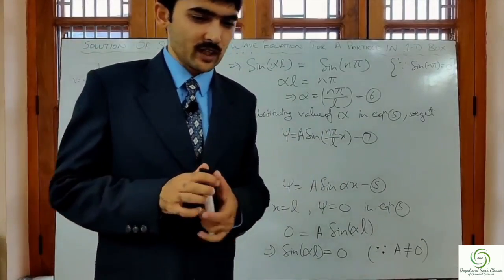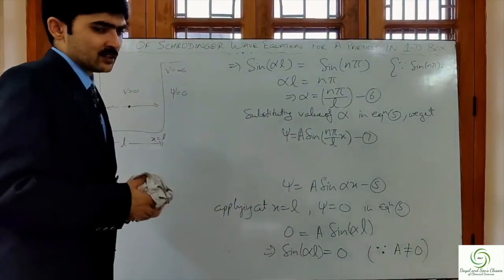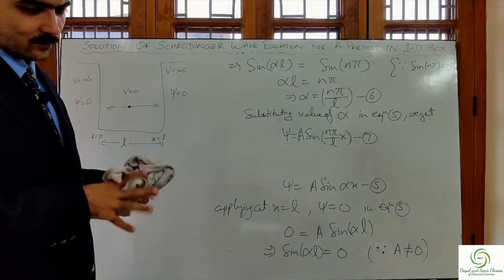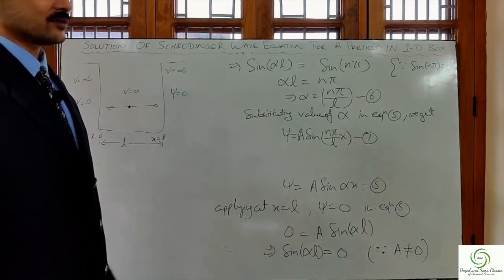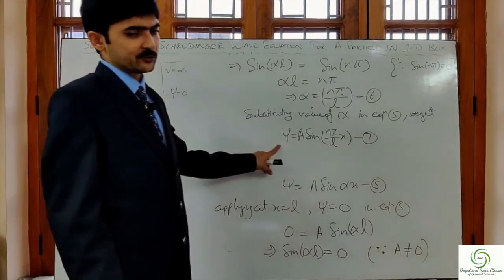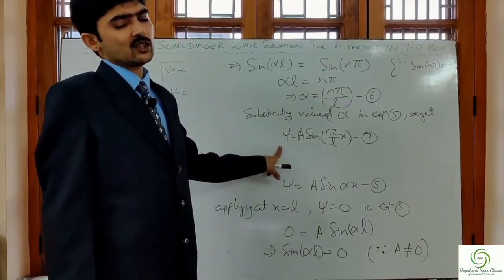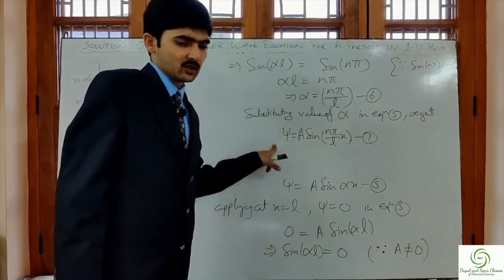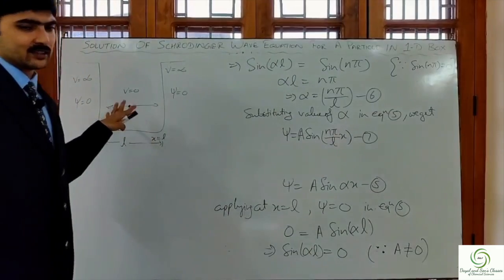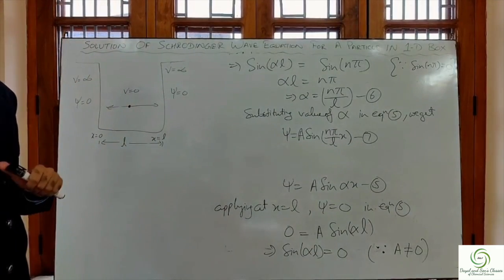Now in order to find the value of the unknown, we will try to find out the probability of finding the electron in the given one dimensional box.